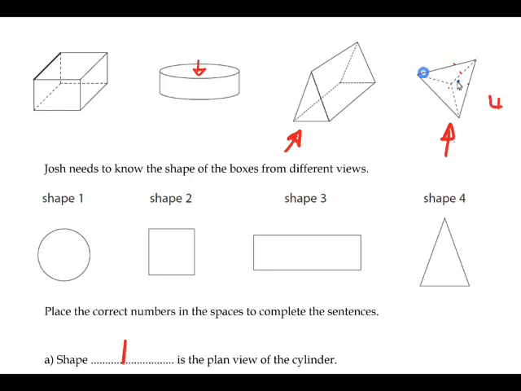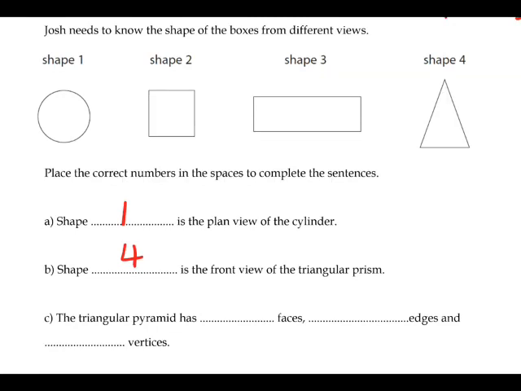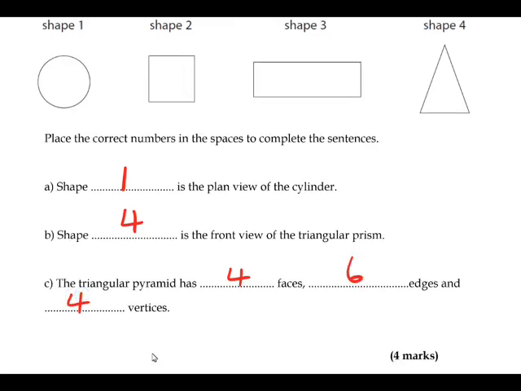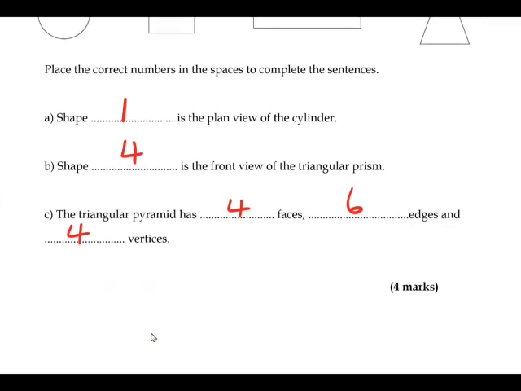It's got 1, 2, 3, 4 corners or vertices. There are 1, 2, 3, 4, 5, 6 edges. So let's go back and fill that in. The triangular pyramid has 4 faces, 6 edges, and 4 vertices. And that question is worth 4 marks.